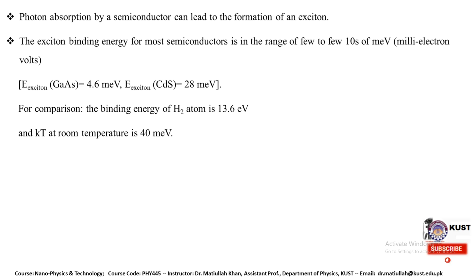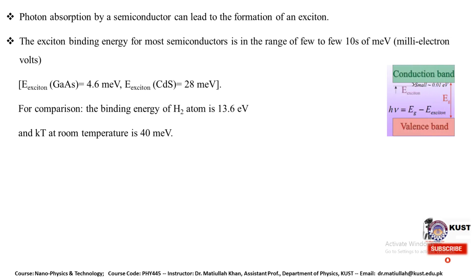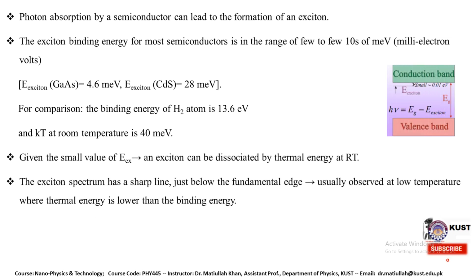The photon absorption by a semiconductor can lead to the formation of an exciton. The exciton binding energy for most semiconductors is in the range of a few tens of milli electron volts. Here we have given the values for some semiconductors at room temperature. Given the small value of Ex, an exciton can be dissipated by thermal energy at room temperature.